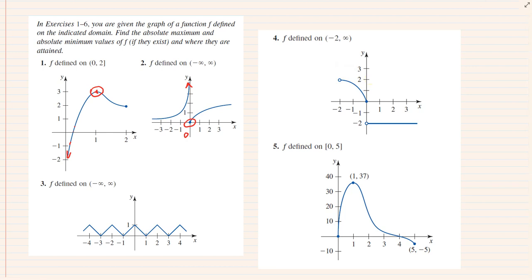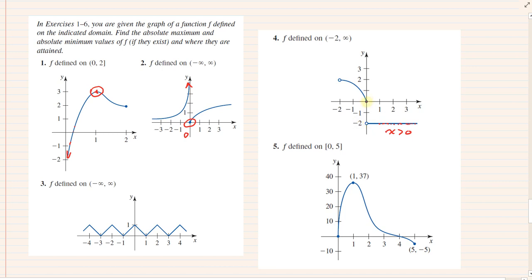Now, looking at the minimum value of the function, remember it's a constant function, and any point here could be a minimum. So the minimum is -2 in this case, in exercise number 4. And the minimum is attained for x greater than 0, because x cannot be 0, since we have an open circle at 0 here.